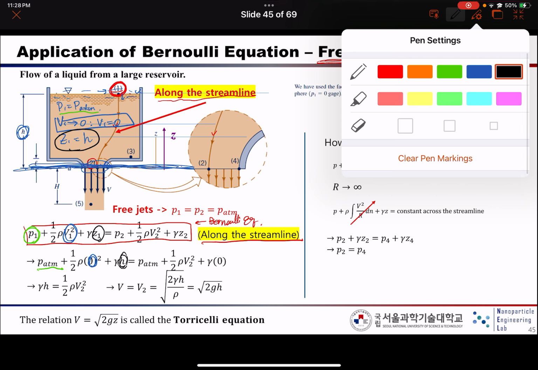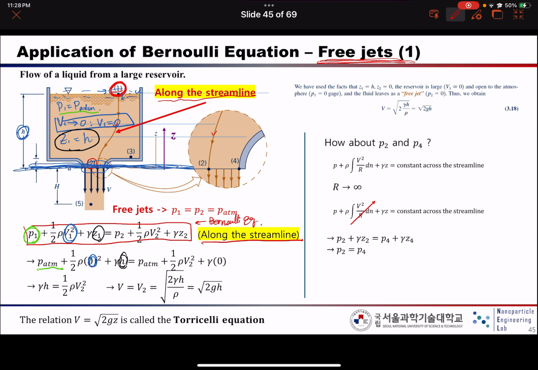So let's look into point 2. P2, we don't know P2, right?